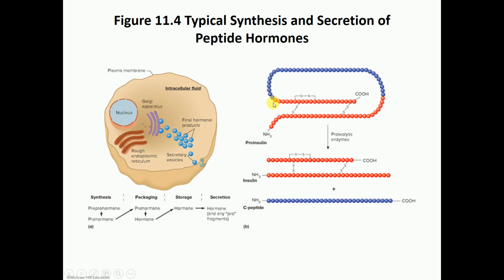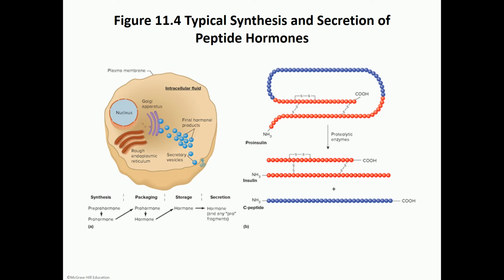And then this part with the COOH at the end, that is your pro fragment. Insulin is released as proinsulin with that pro fragment attached, plus your C peptide. This would have to be activated in order for it to act as your insulin hormone.